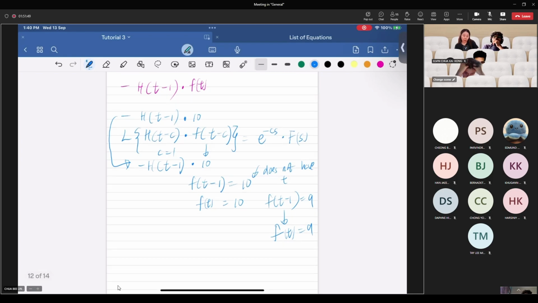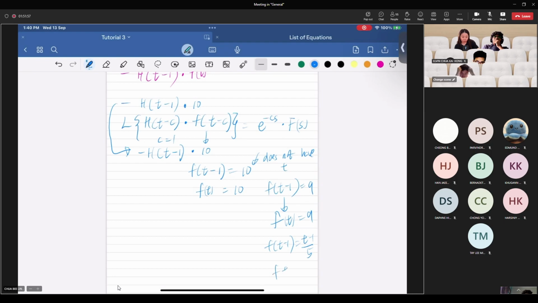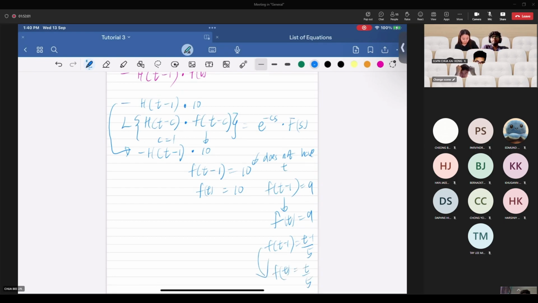So if let's say your f(t-1) is (t-1)/5, when you have f(t), you'll be having t/5, for example. But now, this part does not have t there, so there is no modification needed.